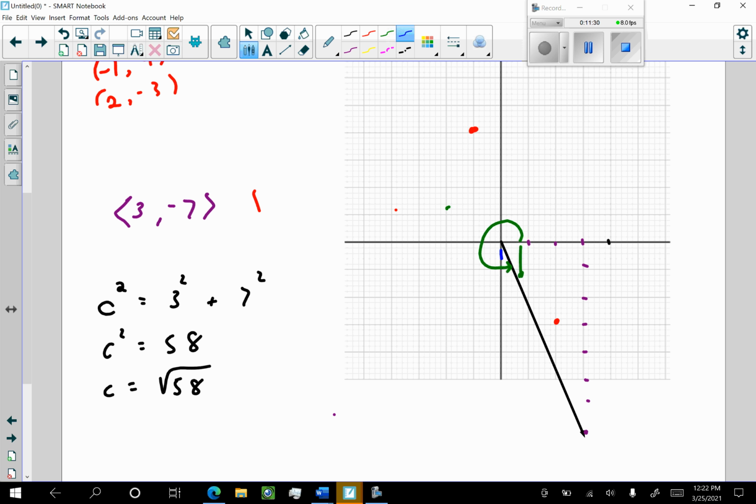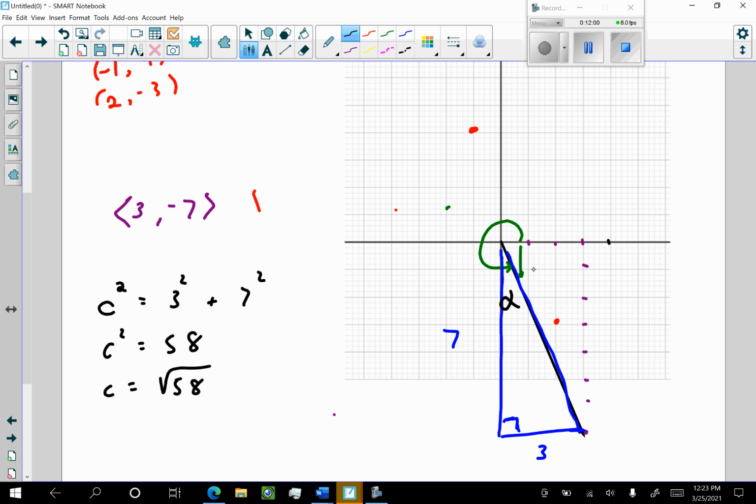I'm going to look at this triangle right here. I know that this length is 3 and this length is 7. So I'm going to find this angle here, alpha, and once I find alpha, I'm just going to add it to 270.